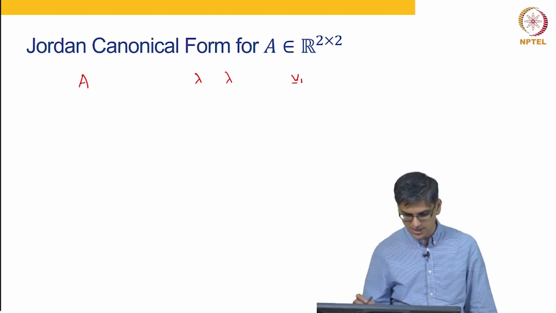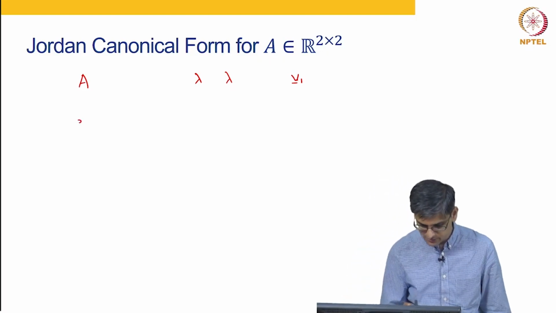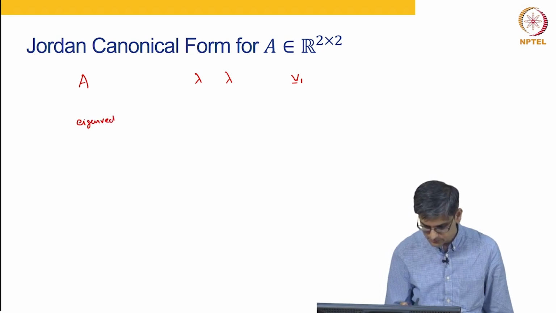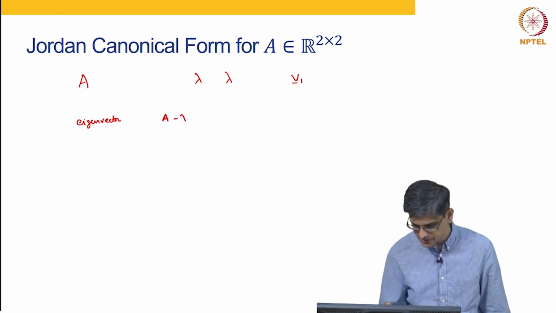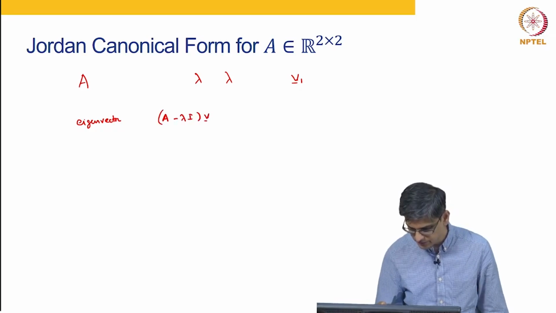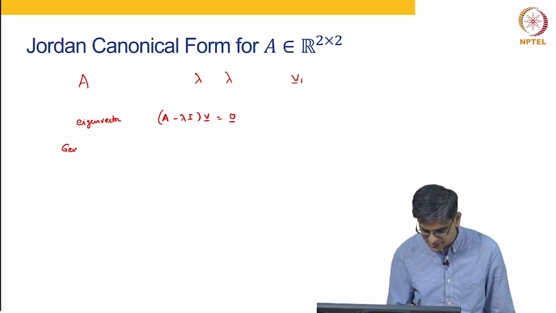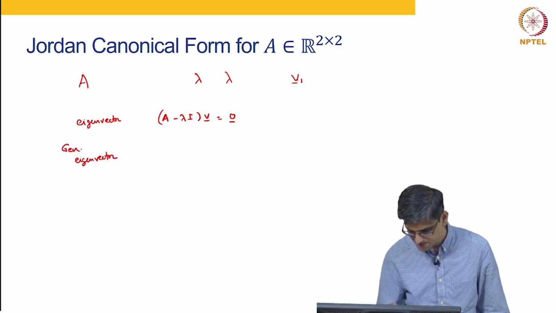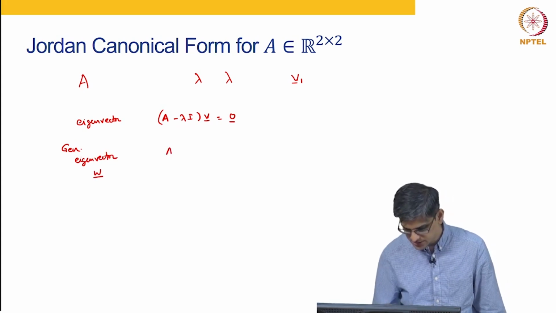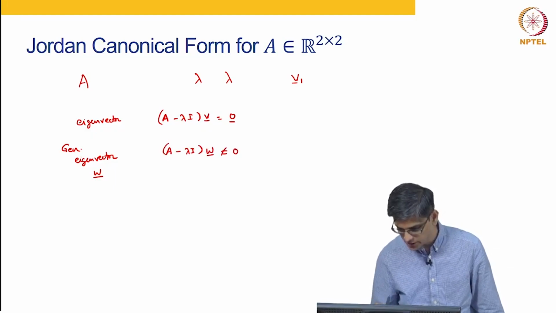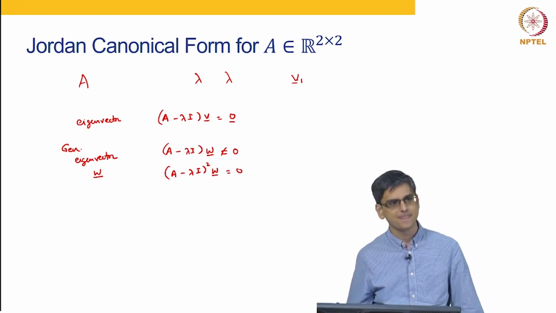So what is a generalized eigenvector? Eigenvector is A minus lambda I times V bar equal to 0 bar, okay, and generalized eigenvector is W bar such that A minus lambda I times W bar is not equal to 0, but A minus lambda I squared times W bar equal to 0.